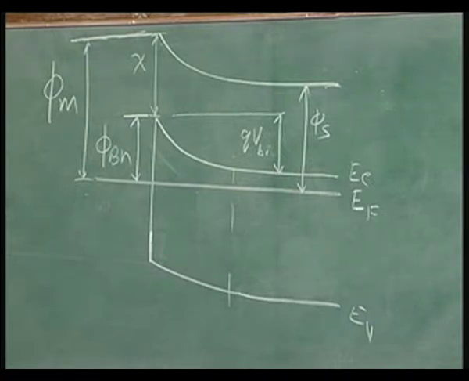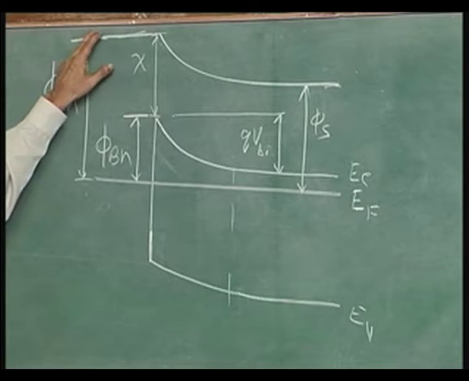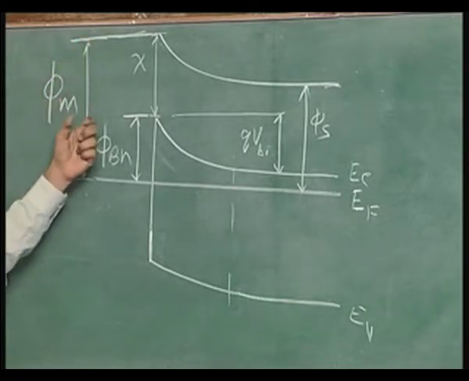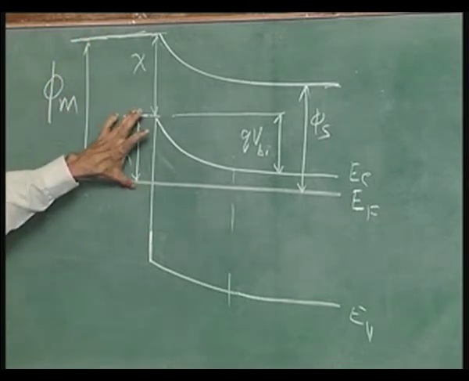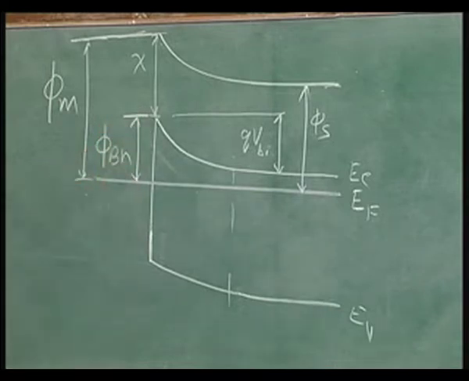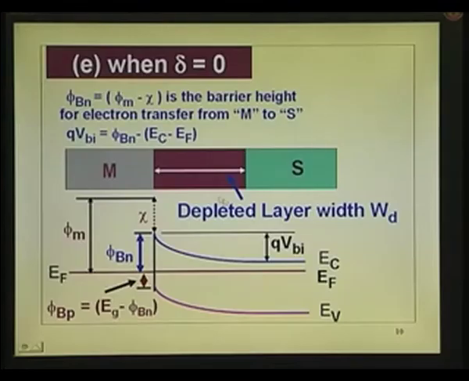Once you choose the metal, phi_m is fixed, and once you choose metal and semiconductor, phi_bn is fixed, because phi_bn is equal to phi_m minus chi. I just redrew the diagram for further clarity.